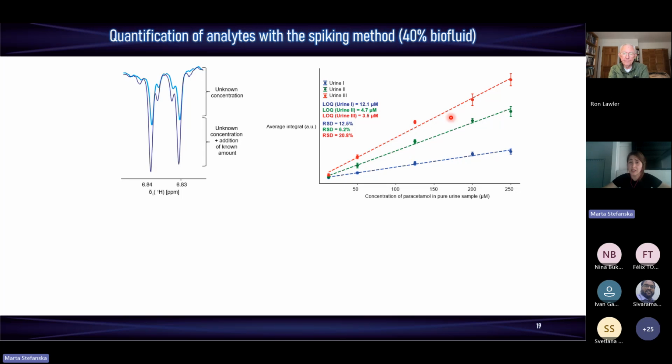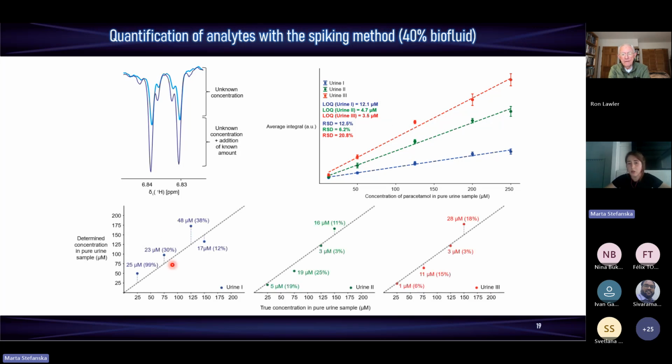The reason is that the composition of these 3 different samples is quite different for 3 different patients, and the matrices affect the photo-CIDNP enhancement of the same molecules in a different way. Based on this, we can back-calculate the initial concentration. I tested here 4 different concentrations for these 3 different patients, with relatively small errors.